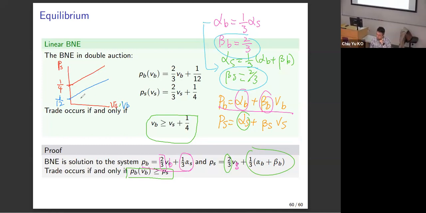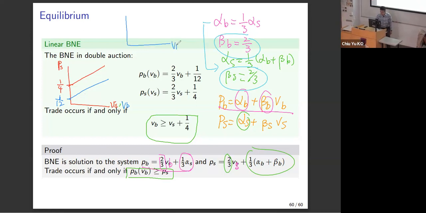Right? So, and if you try to draw the one we just saw before, VB and VS in a two-dimensional grid, right? You do remember that this is the area where you have trade. I'm not going to draw it. This is below, right? This is the area you trade, right? Suppose you trade, right?